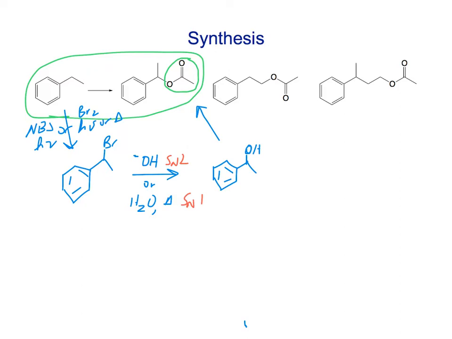So maybe the best way here is just to use something like an acid chloride. Okay, and then we usually add pyridine in for these, just to neutralize the hydrochloric acid that gets formed.